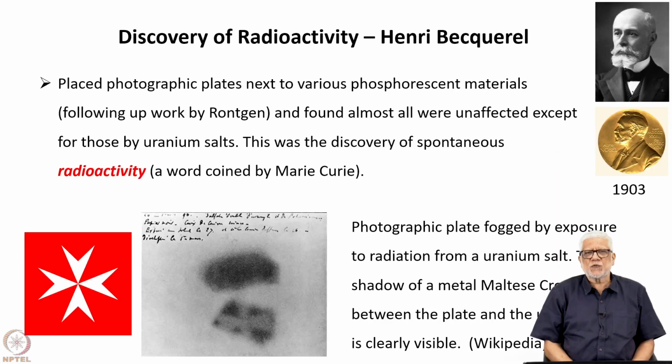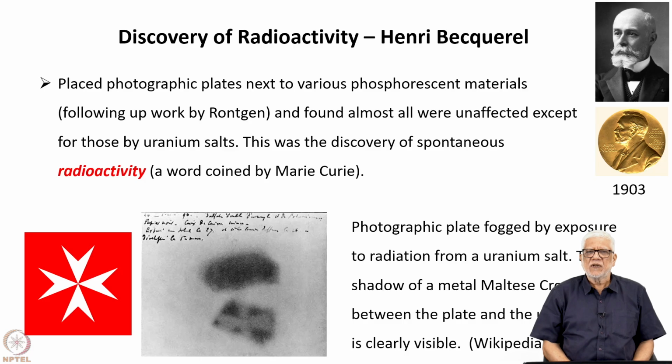Okay, this was followed fairly quickly by the discovery of radioactivity. Henry Becquerel had placed photographic plates next to various phosphorescent materials. He was basically following up on the work by Rontgen, and he found all of them, or almost all of them, were unaffected except those that were exposed to uranium salts.